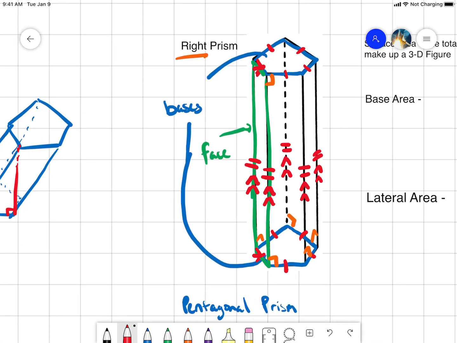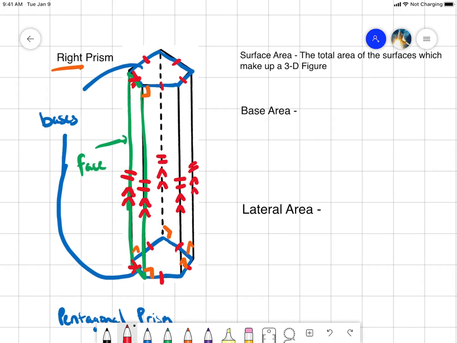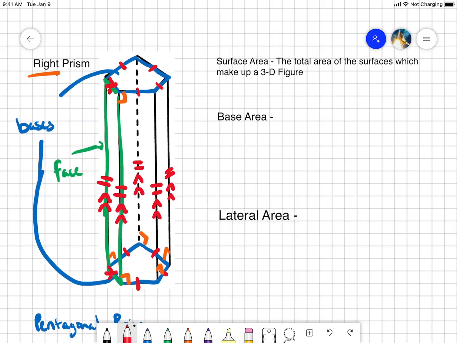All right. So today we're going to be talking, for both prisms and cylinders, about what's called surface area. Surface area is the total area of the surfaces which make up a 3D figure.